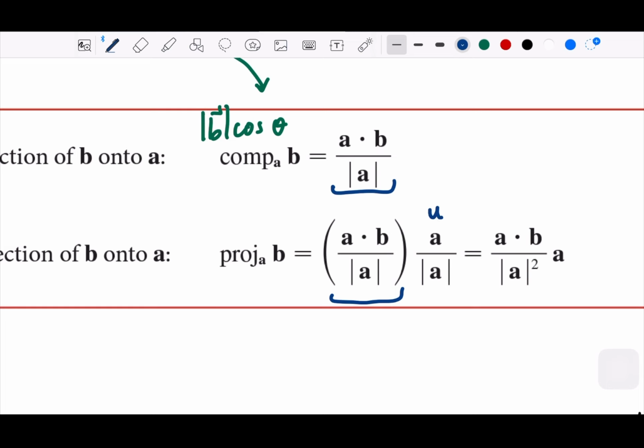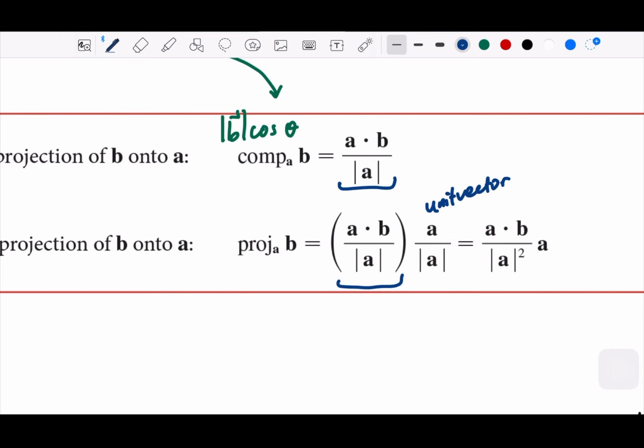Or we can simplify this unit vector. So we could take A dot B over the magnitude of A squared and then multiply with vector A. I think you could just skip from this one first. I think it's easy to remember. You just need to multiply with the unit vector A.